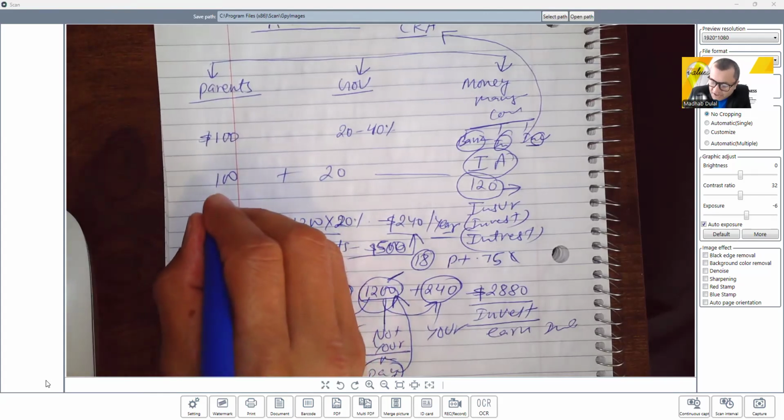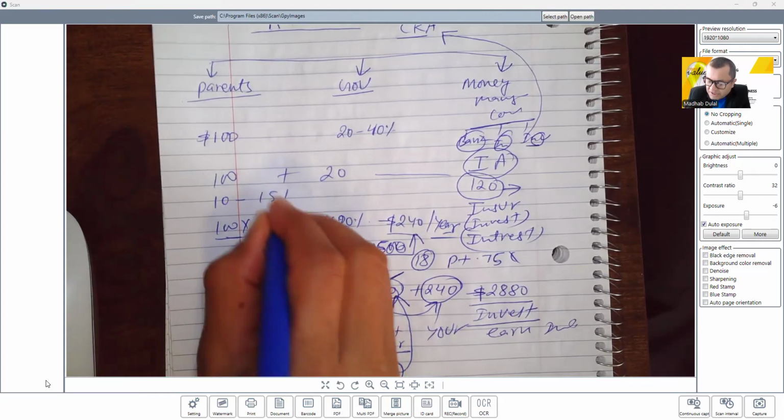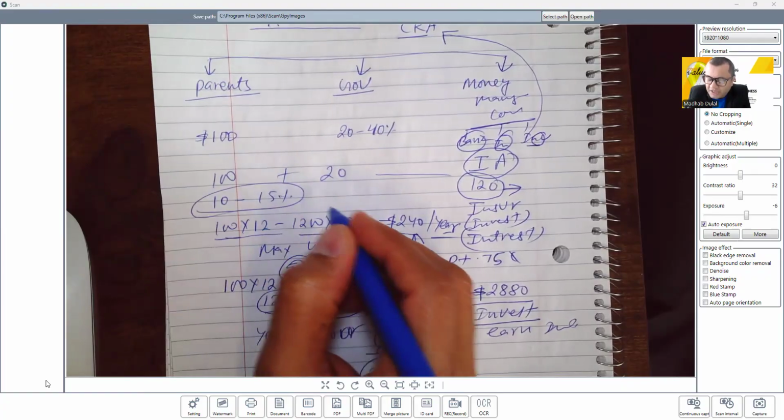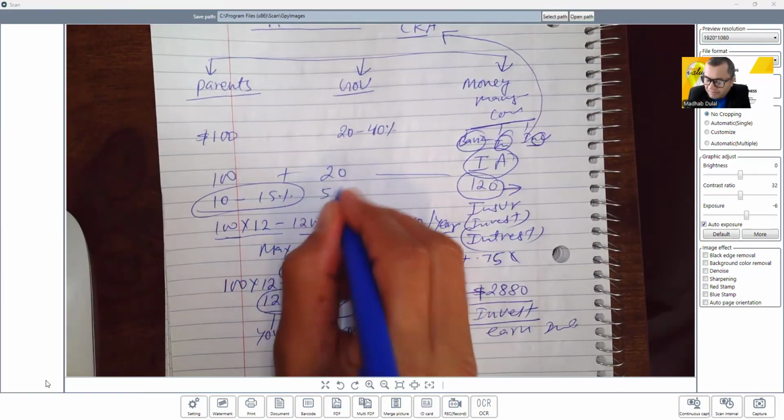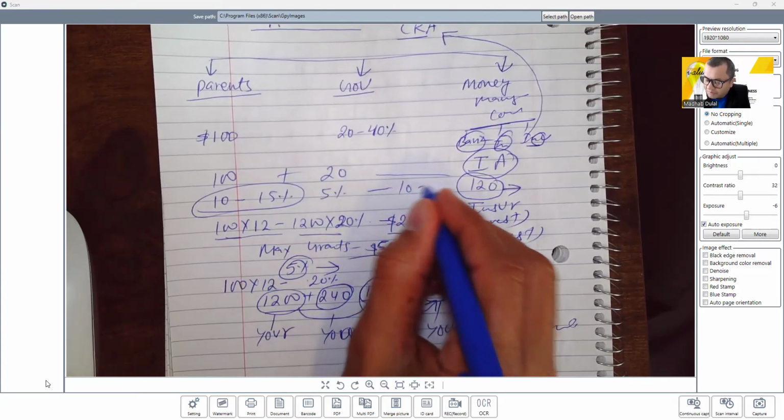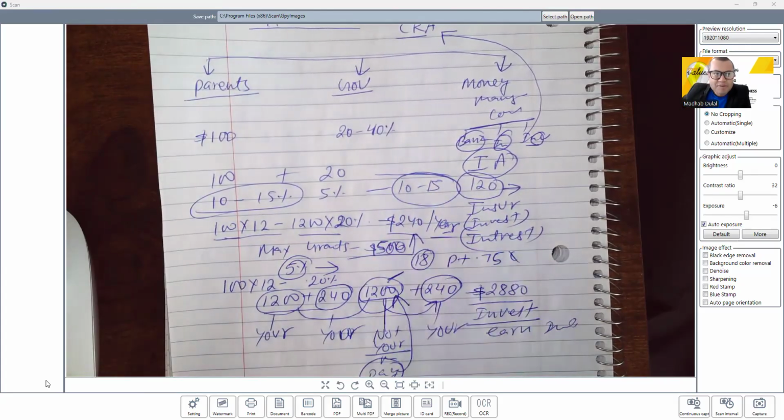What happens is your money may grow 10, 15% down the road. So you're going to get two benefits. Number one, you pay 5% interest, but your money goes 10, 15% during that period, because you are going to invest for 10, 15, 20 years in RESP.